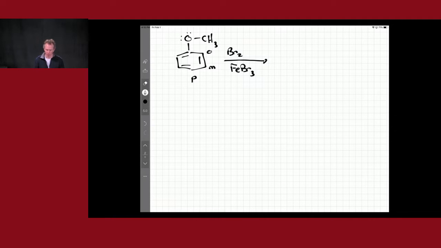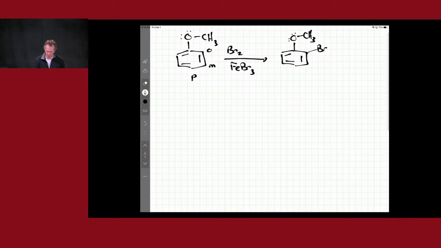Those would look like this, where we would have a bromine ortho, a bromine para, or one that is meta.